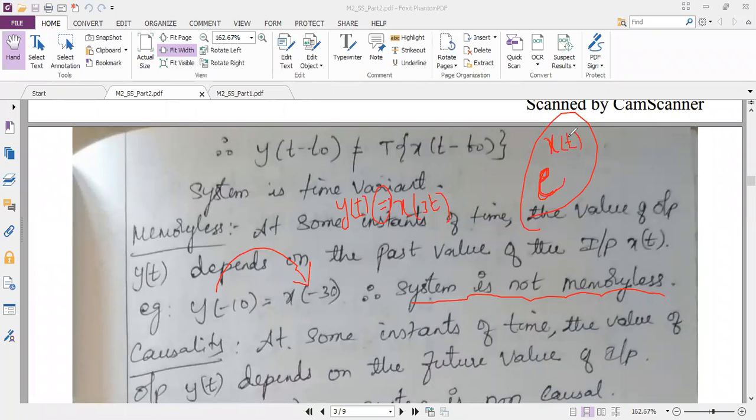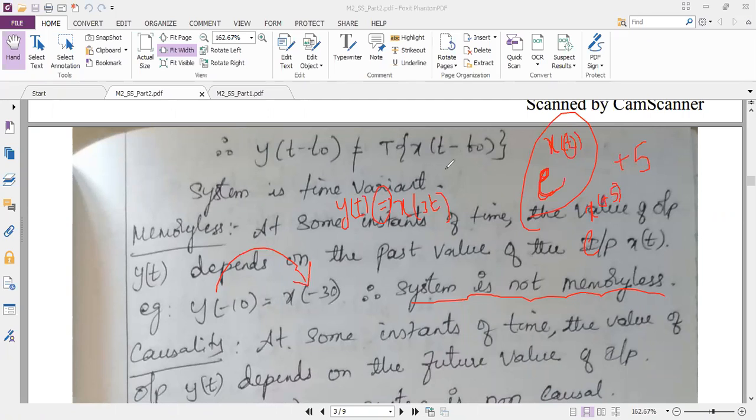So if you want, you can substitute the value of t as minus 5 also, but you cannot predict the answer. You know why? E power x of minus 5, I don't know what the x of minus 5 value is. And if I give t as plus 5 also, I don't know what x of 5 is.